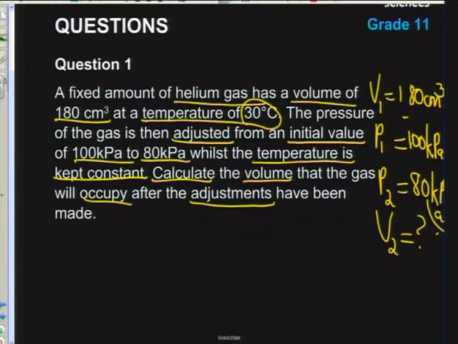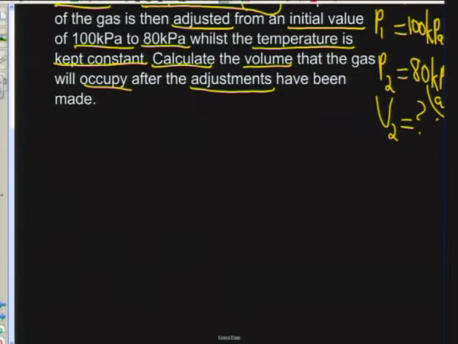Right, now, from Boyle's Law, what we need to know is that when we looked at the law, we saw that pressure is inversely proportional to volume.